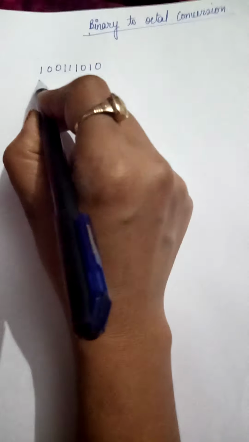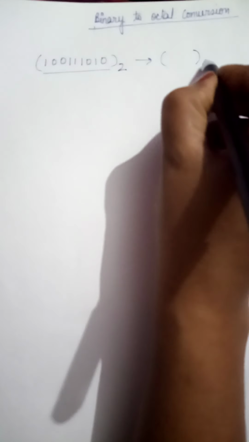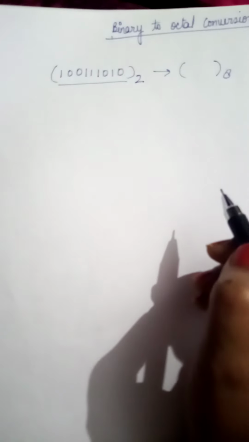suppose I am taking an example 100 111 010. Suppose this is the number you have to convert from binary to octal, to base 8.